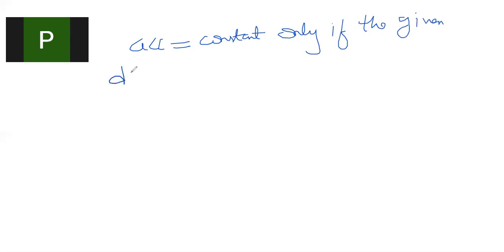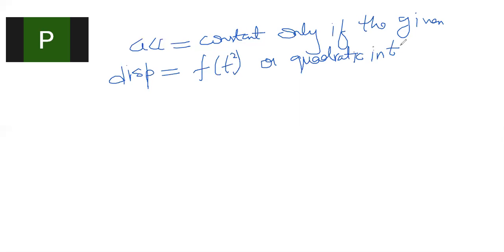Acceleration is equal to a constant only if the given displacement equation is a function of t square, or in layman's terms, quadratic in time. Understood that very clearly. Acceleration cannot be a constant otherwise.